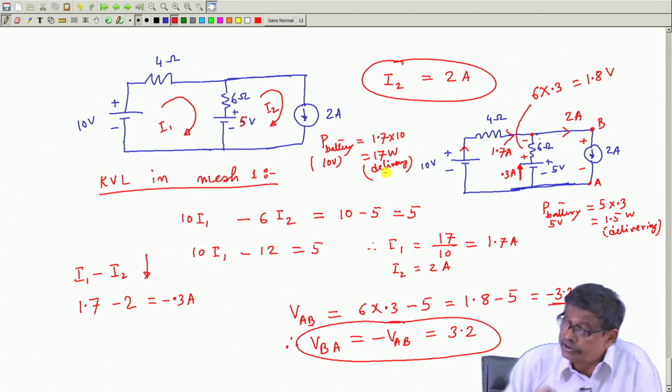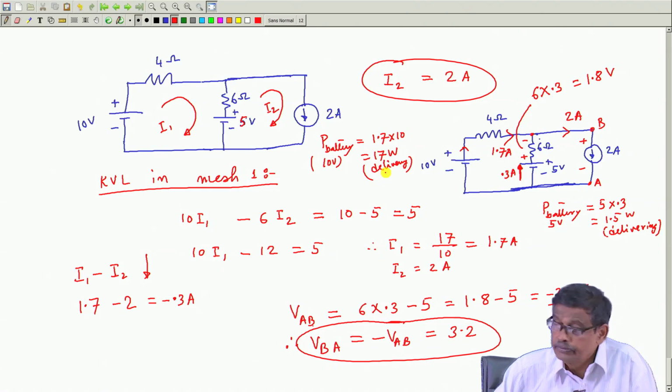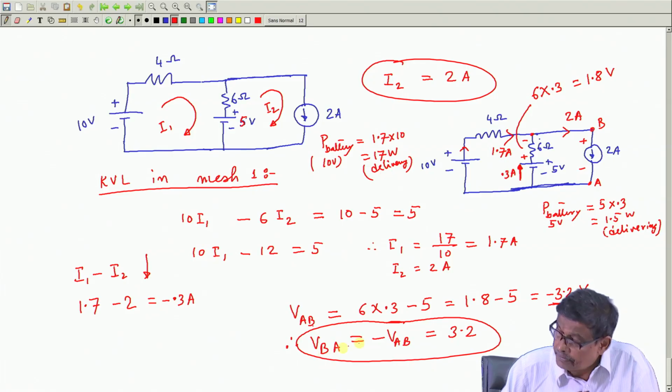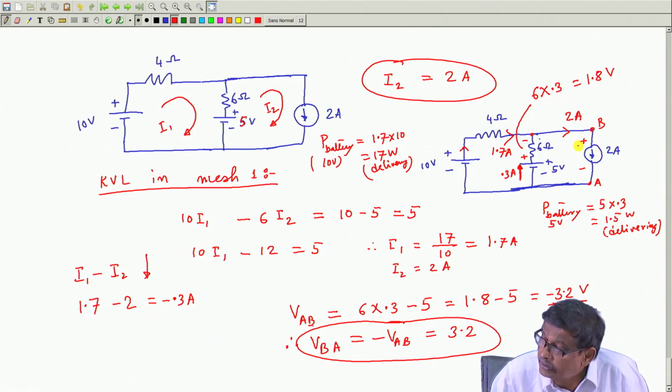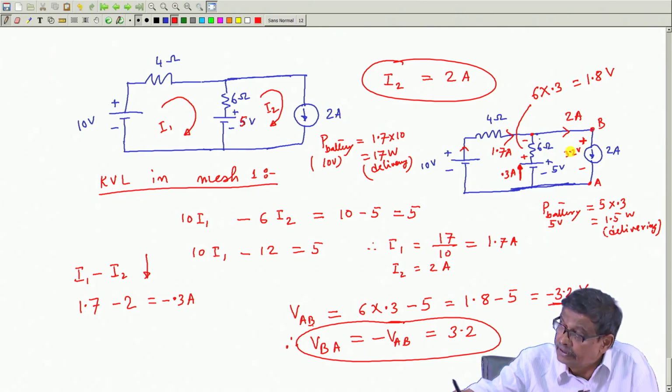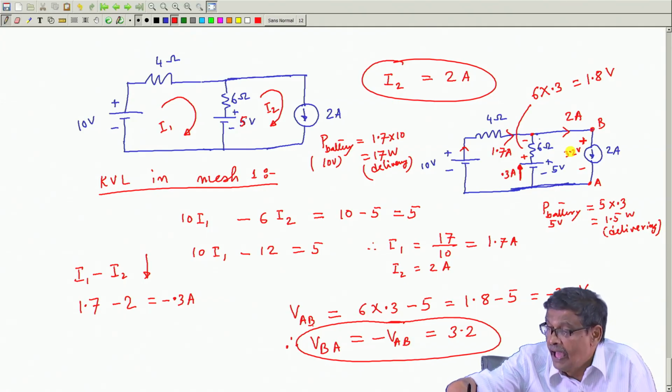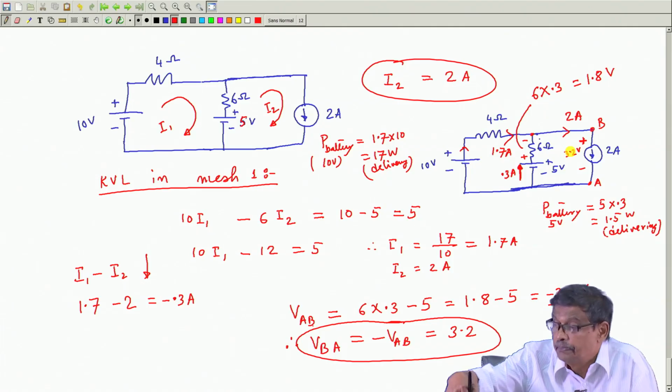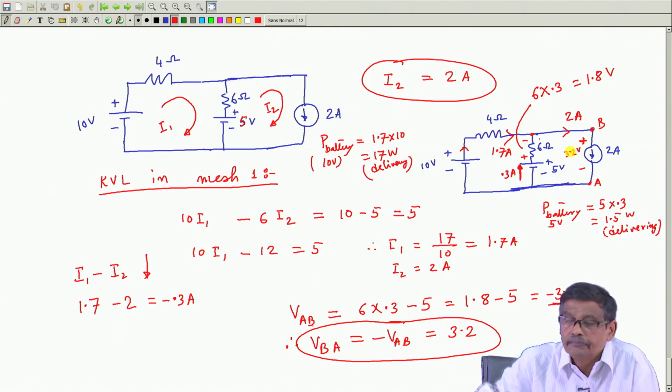What is the current source doing? It is also a source. For the current source, we have seen VBA is 3.2 volt, with this plus and this minus, so the voltage across the current source has this polarity, and it is absorbing current through its positive voltage terminal.